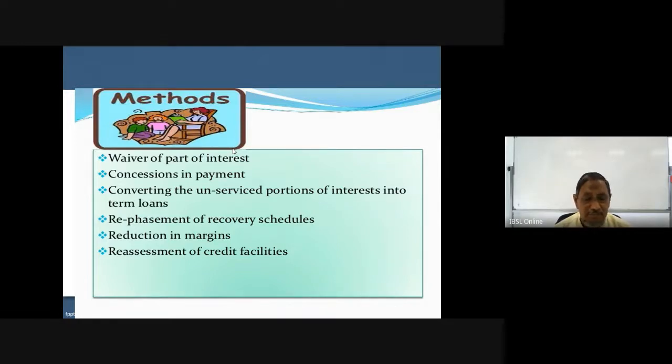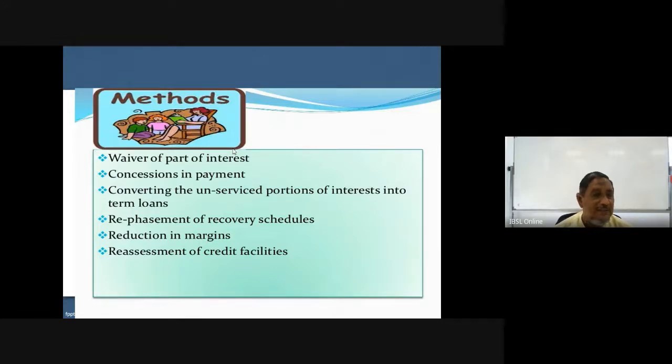Okay, that is the first thing: reassessment of the credit facilities and trying to infuse new capital by way of the customer's equity or bank loan. That's the first option available for restructuring facilities.